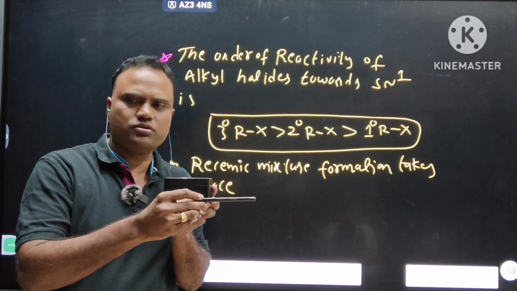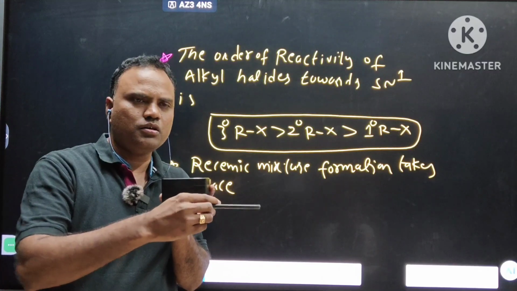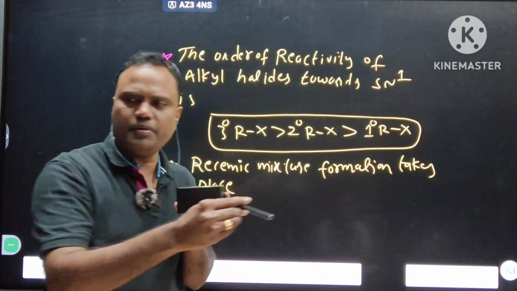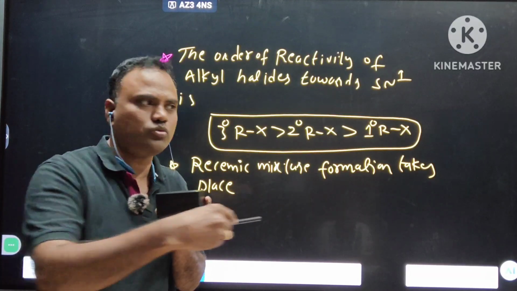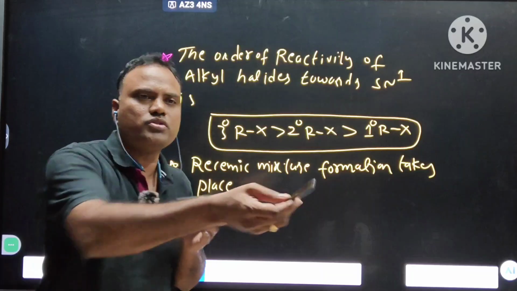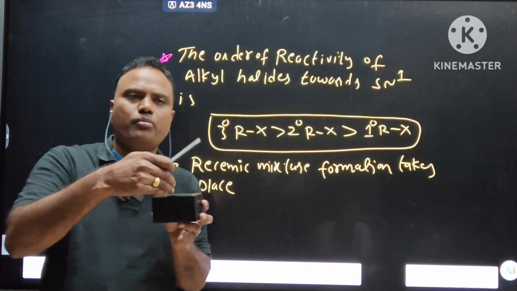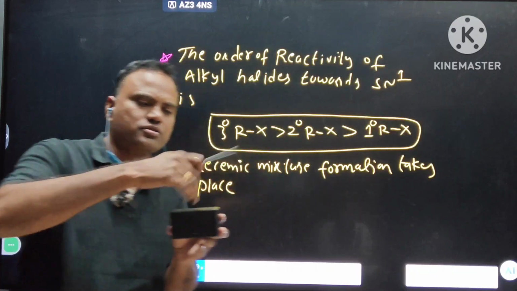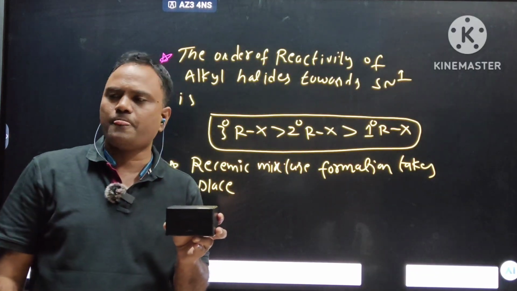After passing through this solution, when it comes out, it changes its direction. It bends towards right or towards left. This chemical compound is rotating the light, changing its direction. This is called an optically active compound.